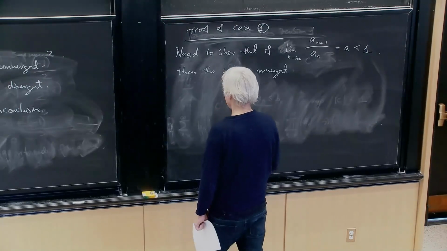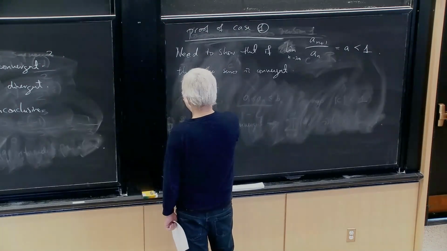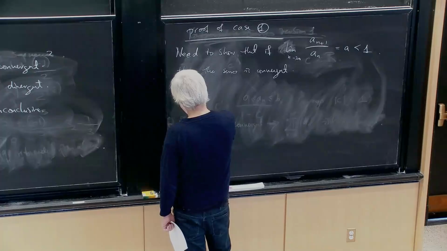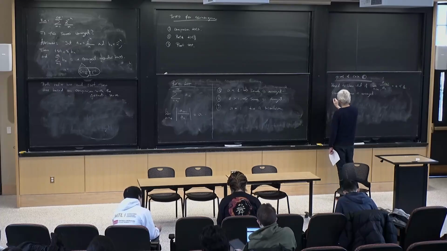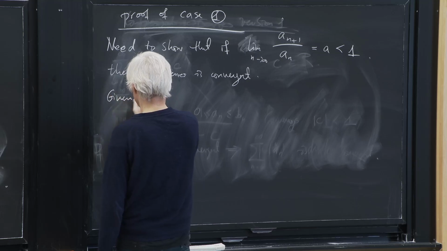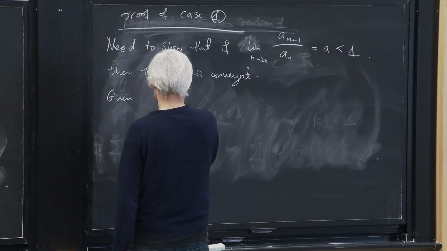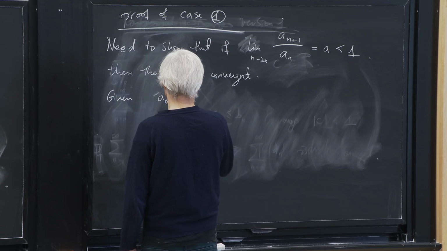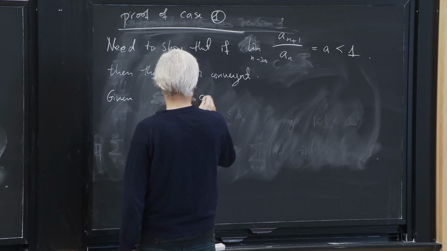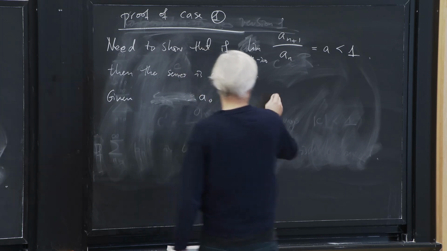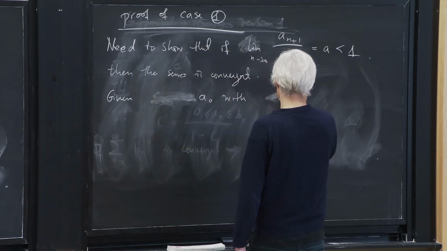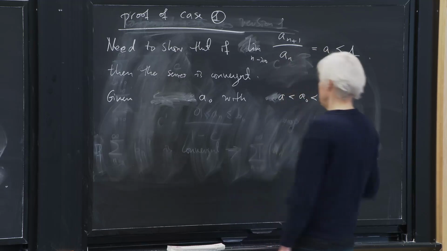So that's what I need. So given A0 less than 1, so given A0 bigger than this A and less than 1.